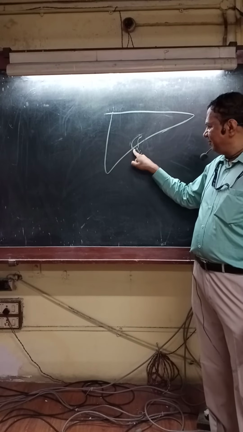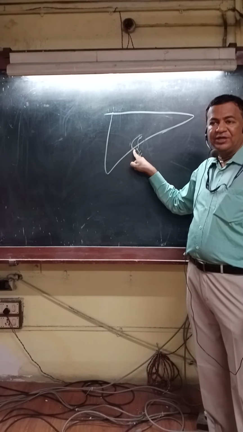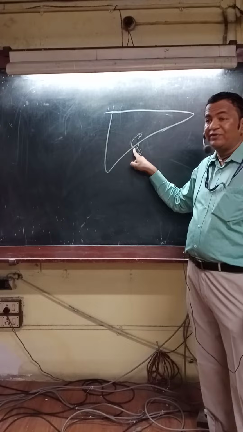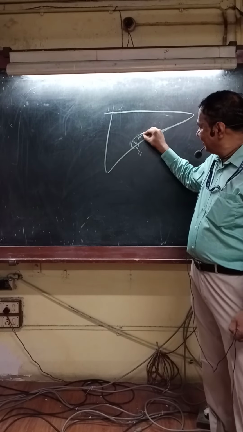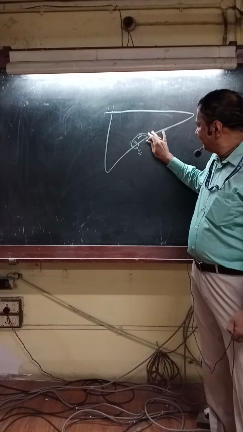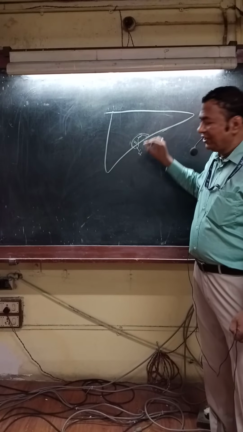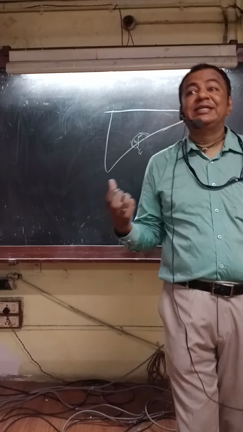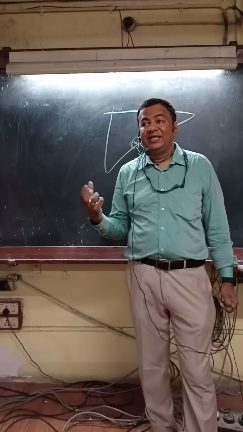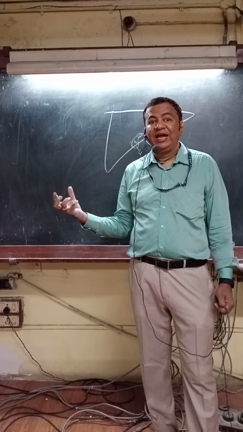A small portion of the gallbladder may project below the inferior border, and that part is called the fundus. Then this is the body and then there is the neck of the gallbladder. The gallbladder functions for concentrating the bile. Bile is for digestion of fats.